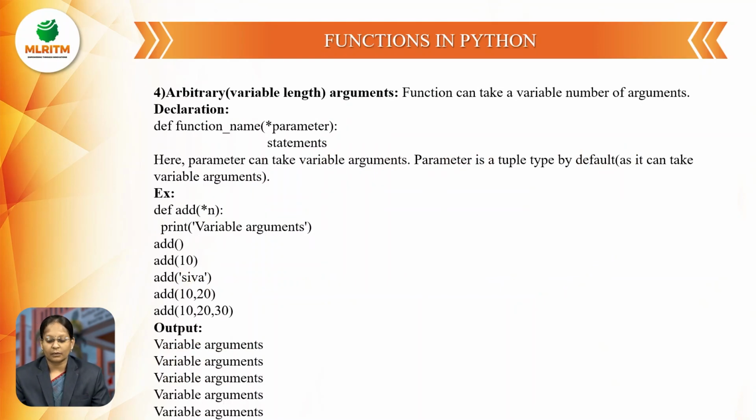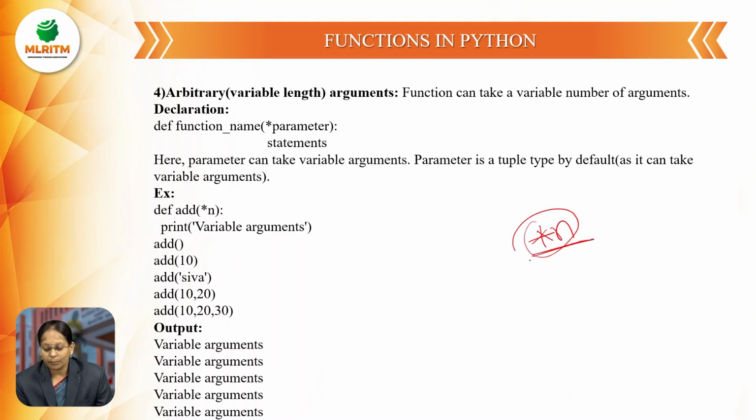Next, arbitrary or variable length arguments. A function can take a variable number of arguments. In the previous examples, we took only one argument, two arguments and three arguments, etc. But if you don't know the number of arguments required for our function definition or for a specific task, then we have to write arbitrary variable length arguments, like star n.